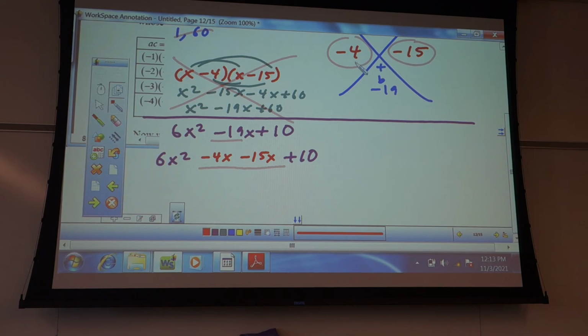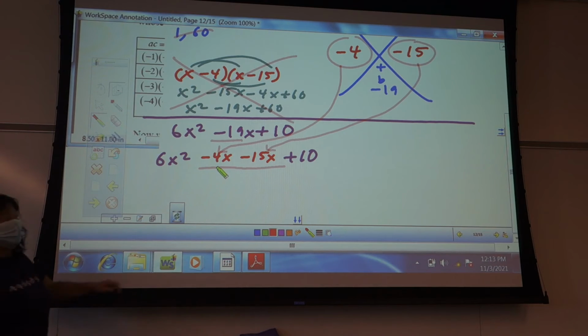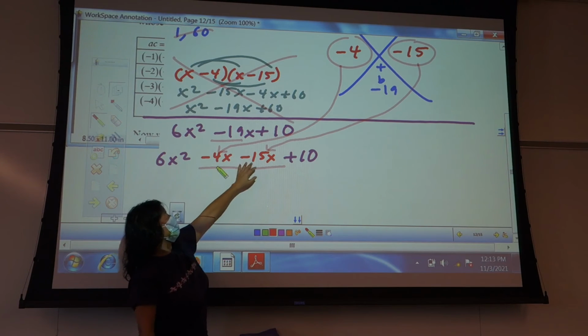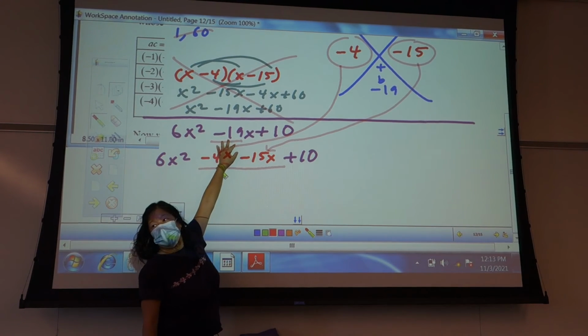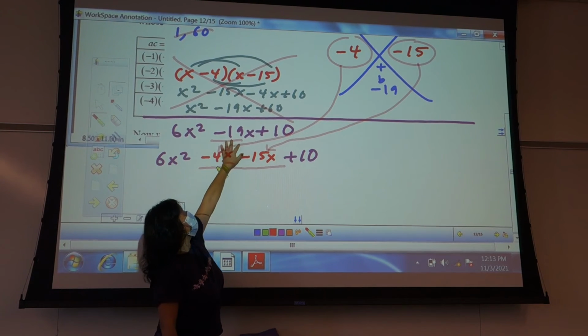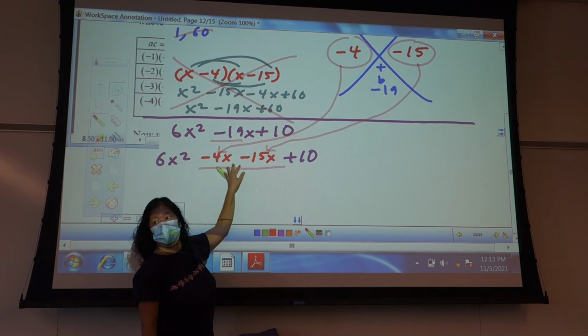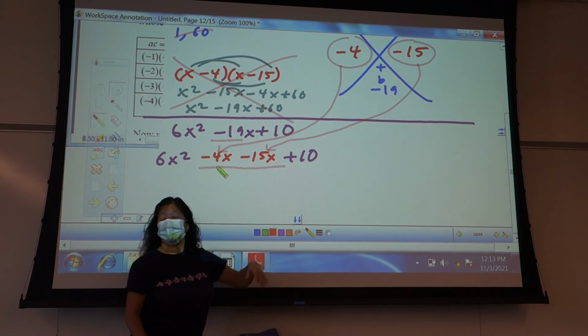From the negative 4 and the negative 15? Does everyone agree that negative 4x minus 15x gives me negative 19x? Yes? So I'm just taking this and substituting in these two parts.